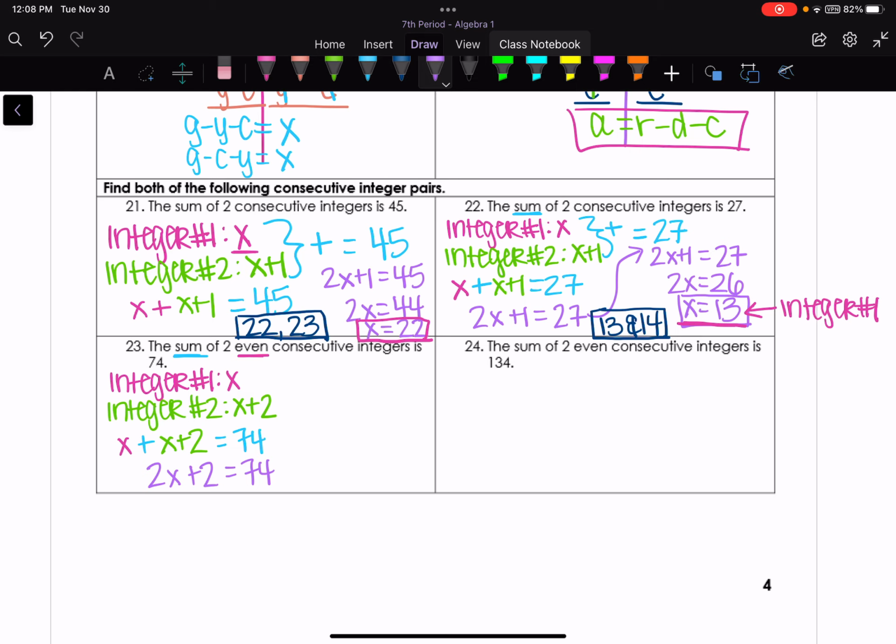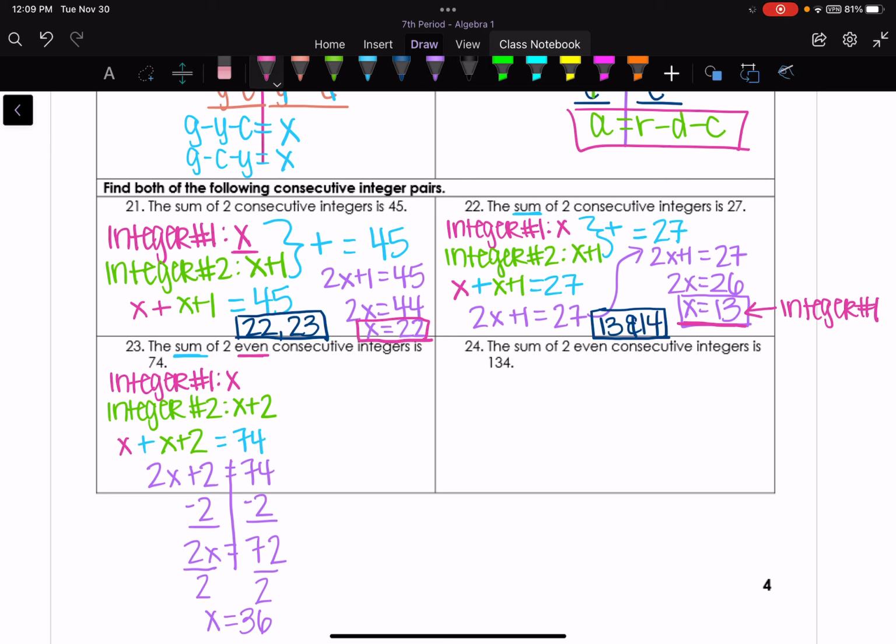Now I can go ahead and solve for my first integer. So I'm going to subtract 2 from both sides, and now I have 2x equals 72, and then I have to divide by 2 on both sides, and so x is going to give me 36.